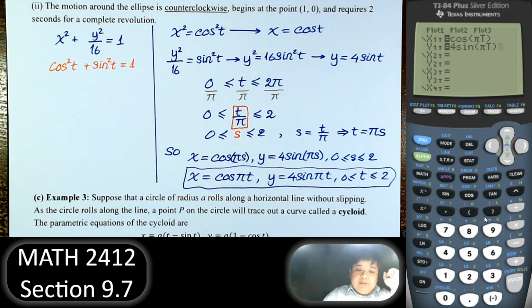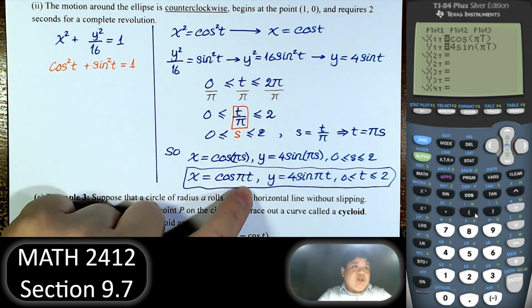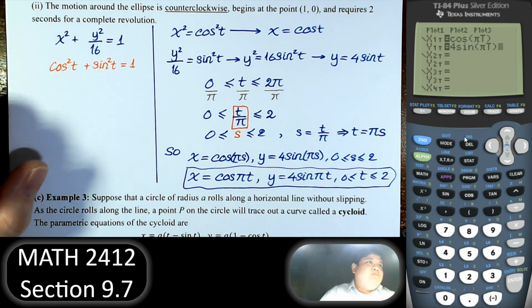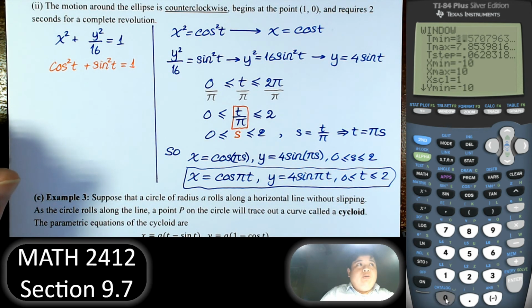Right? Yeah, of course you can just keep the answer in s, but I just want to switch it back to t. Usually for parameters we use t. The window only goes from 0 to 2.